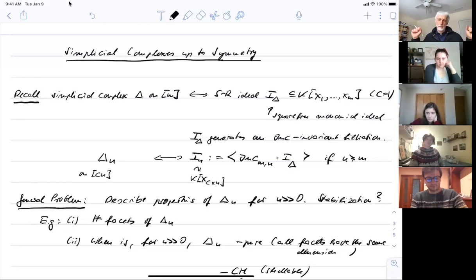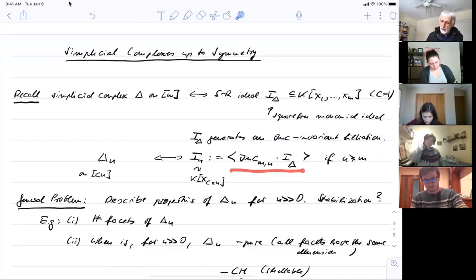Yeah, sorry. No, but what I meant is that you could see delta n as a complex on C times (n+1) vertices, but C of them are cone points, and then you could just see what happened going from step n to step n+1. That's what I was trying to say. Oh, yes, but I insist on this recipe.